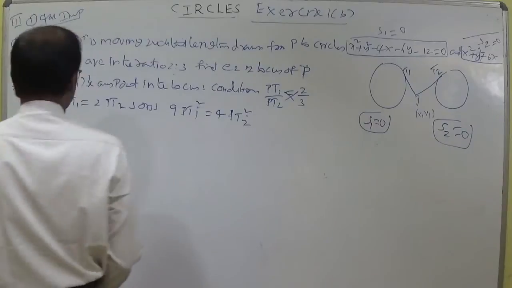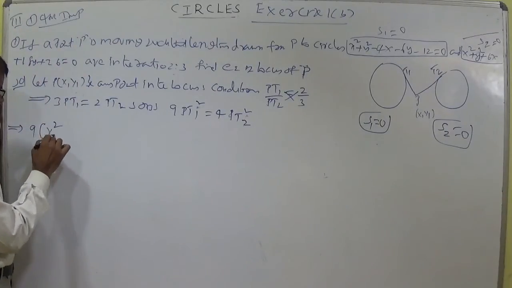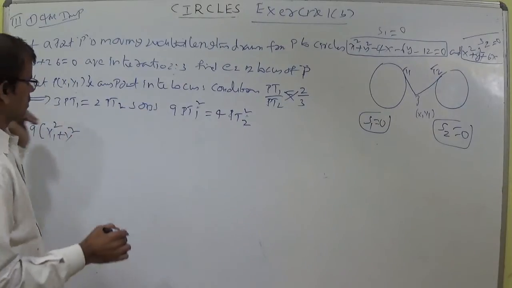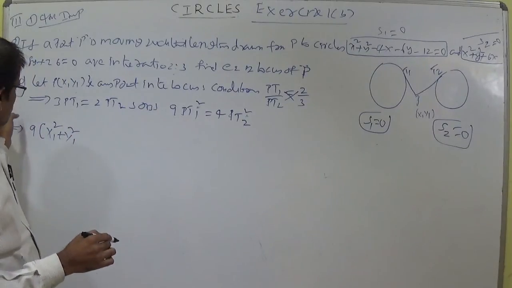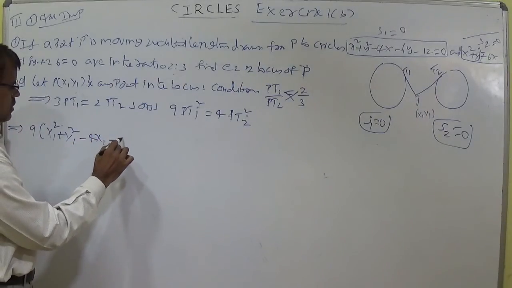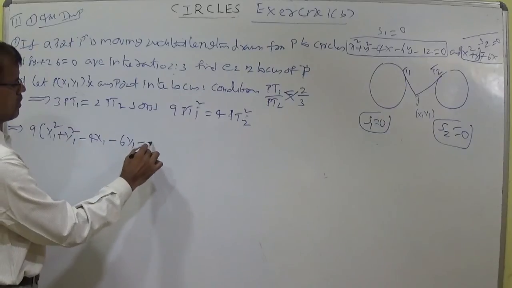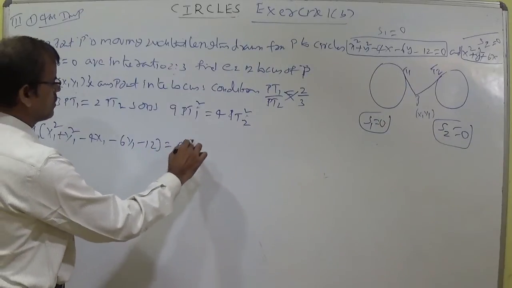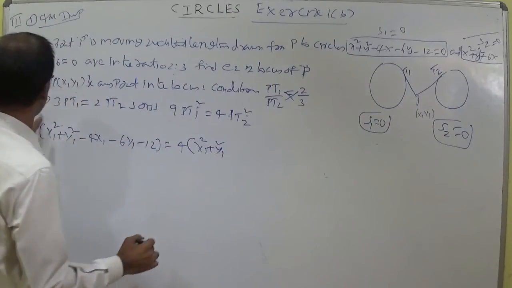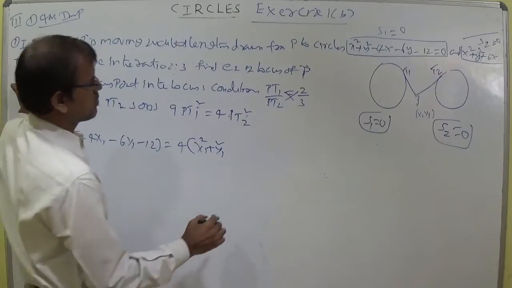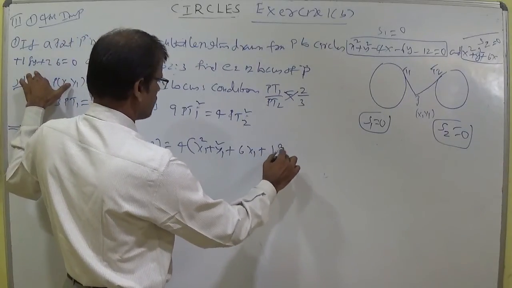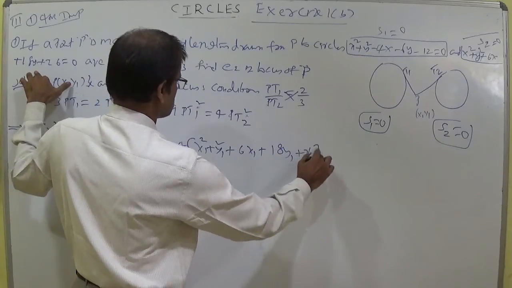So 9 into the first circle, you write like this, with x1 square, because I am taking P(x1, y1) as the locus point. 9 into x1 square plus y1 square minus 4x1 minus 6y1 minus 12 is equal to 4 into x1 square plus y1 square plus 6x1 plus 18y1 plus 26.